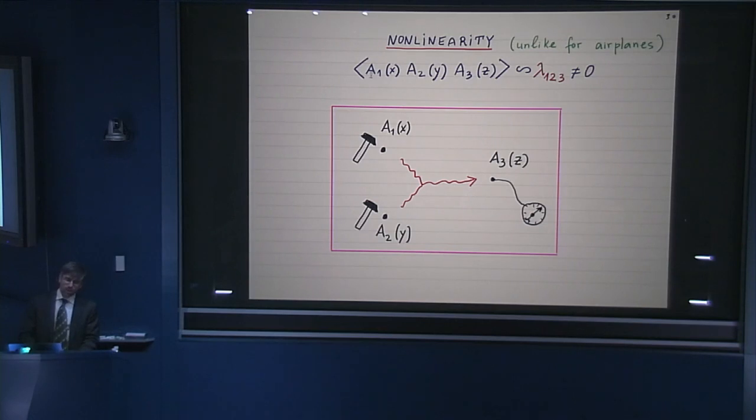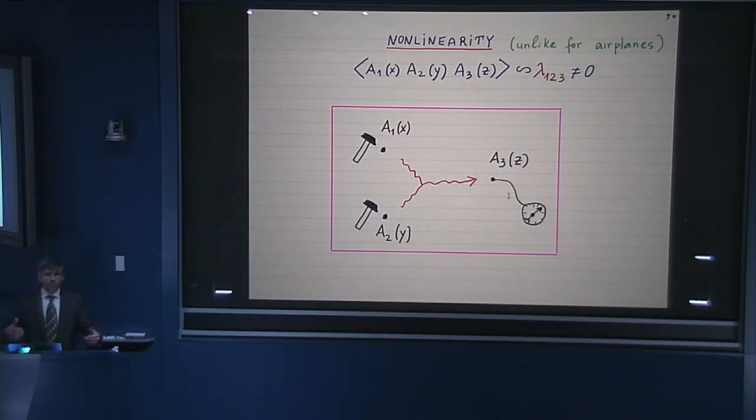You take three fluctuating quantities, a1 of x, a2 of y, a3 of z, and you consider the three-point correlation function. What it means in terms of this hitting experiment is that you take two hammers and hit your system at points a1 of x, a2 of y, and then it turns out that you will have some non-trivial read-off of a fluctuation of a third kind at the point z, a3 of z.